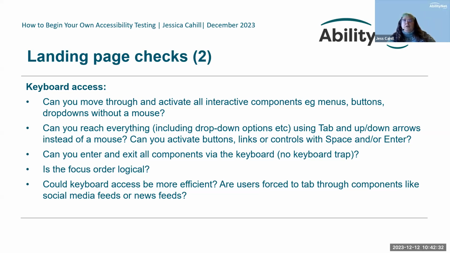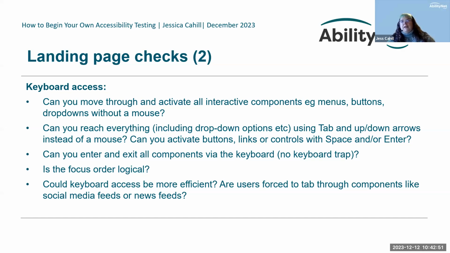You also want to make sure that the focus order is logical, so it doesn't start with a component at the top and then move down to the bottom and then back up to the top. It doesn't need to necessarily be identical to the visual order, but it does need to be logical. And also you want to check really from a usability point of view that the keyboard access isn't inefficient.